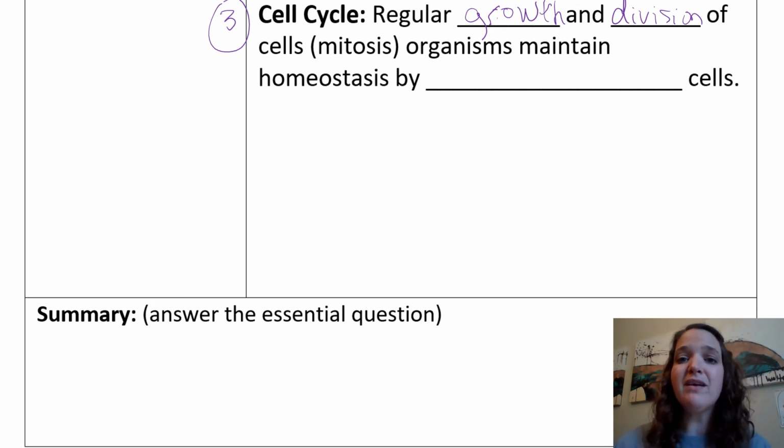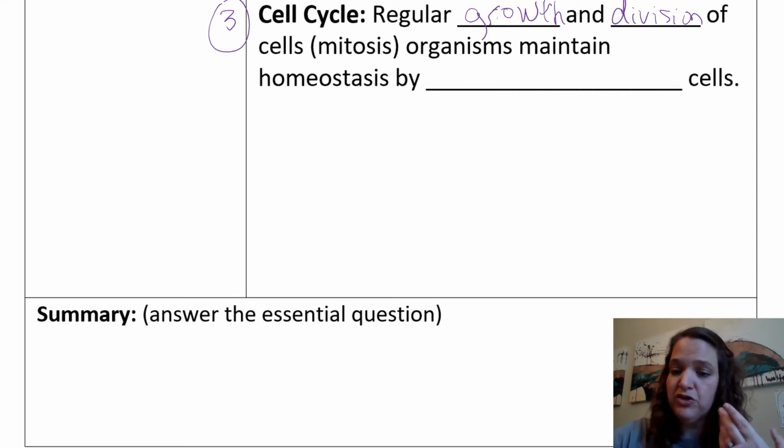So cells must divide in order to maintain homeostasis, or organisms must have their cells divide in order to maintain homeostasis. Otherwise, an organism wouldn't grow, right? You all were once babies, teeny tiny babies, and in order to grow and be the size that you are now, you needed your cells to divide to create more cells.